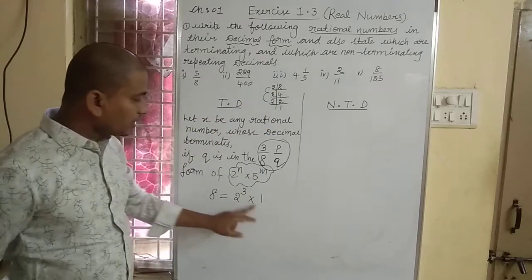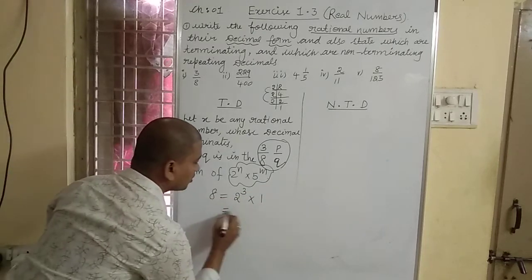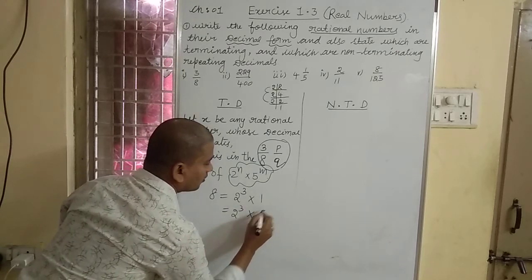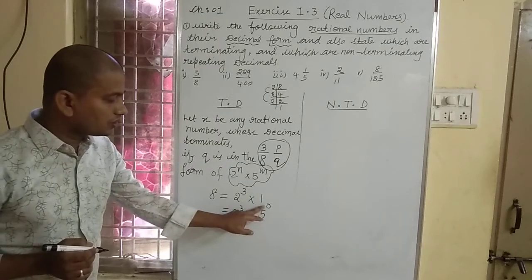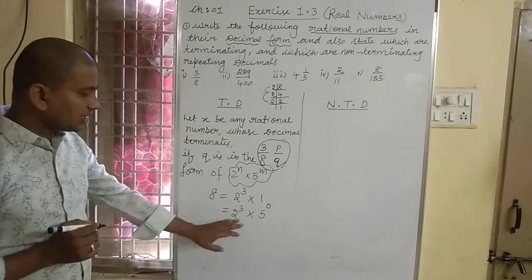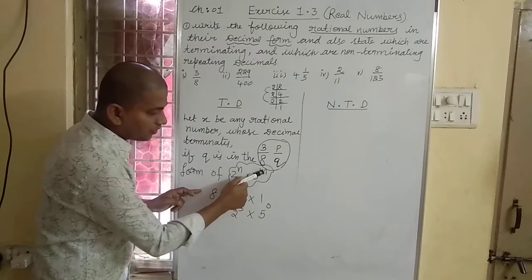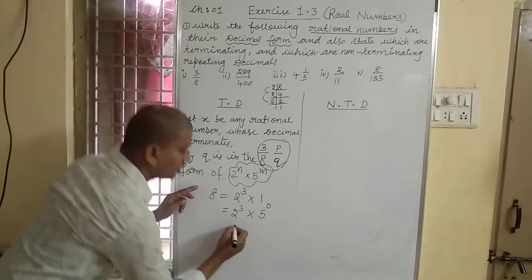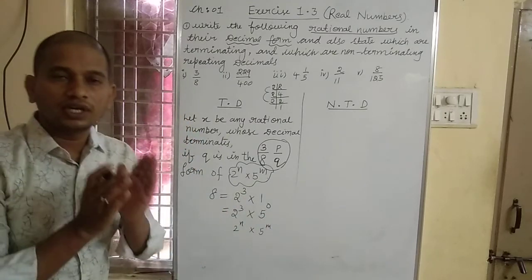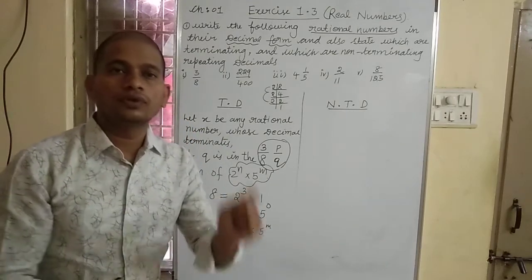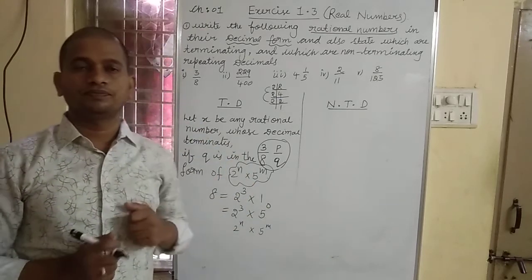This 1 I can write as 5 power 0, as we know that anything raised to the power 0 is 1. You can see here the denominator is in the form of 2 power n into 5 power m. If the denominator is in the form of 2 power n into 5 power m, it is a terminating decimal.